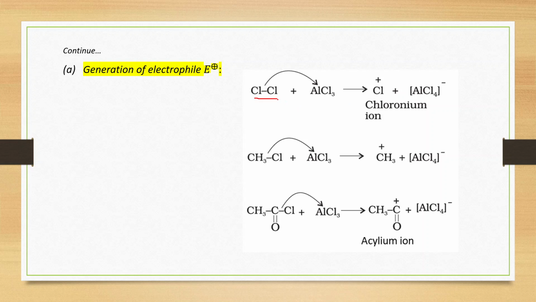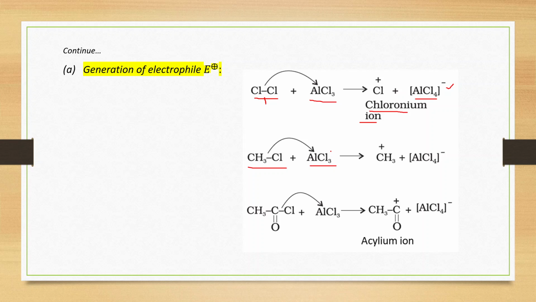Now in case of chlorination, this Cl2 molecule and AlCl3 act as a Lewis acid, and this is a catalyst. So in the presence of AlCl3, this bond will break down, and chloronium ion is produced, which is the electrophile in chlorination, along with the formation of AlCl4 minus ion. The same way in case of Friedel-Crafts alkylation, this is CH3Cl methyl chloride, and this is AlCl3.